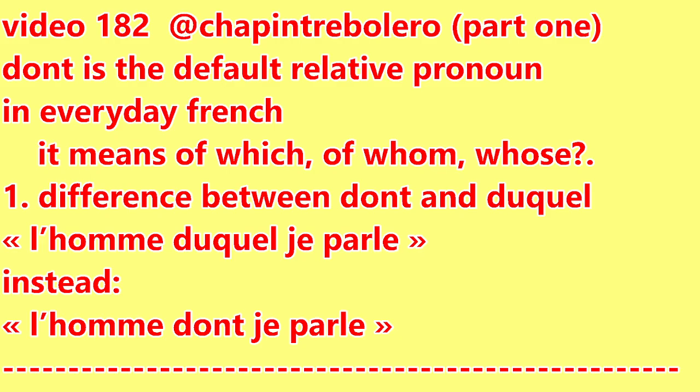In French, we have two ways of saying it. Right here, you're going to be learning dont, spelled D-O-N-T, pronounced "don". The N is nasal, you barely pronounce it. It means of which, of whom, whose.